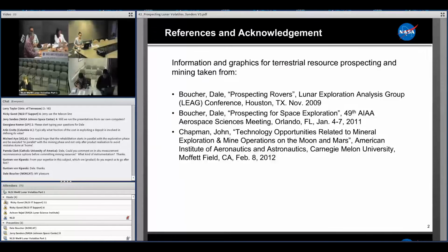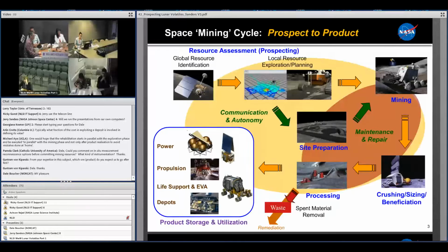Before I dive into it, I do want to acknowledge from a terrestrial mining perspective, I've taken a lot of the understanding of prospecting and mining from work that Dale Boucher has done, as well as John Chapman, with respect to terrestrial mining and how it could be applied to space.